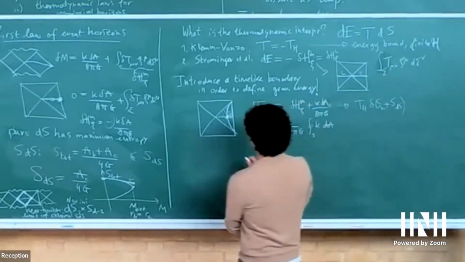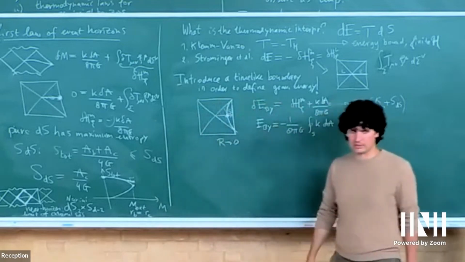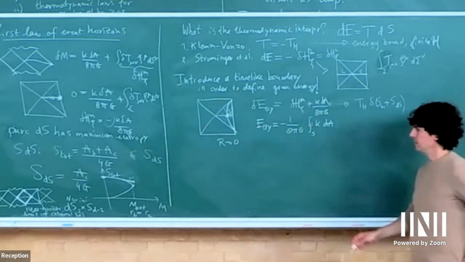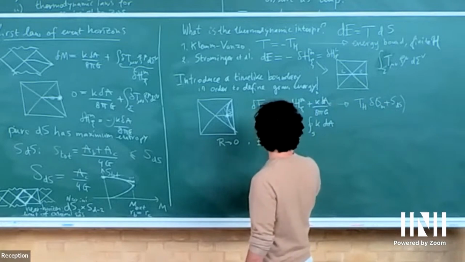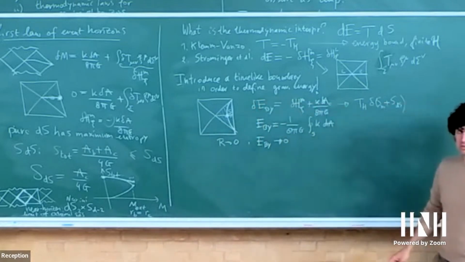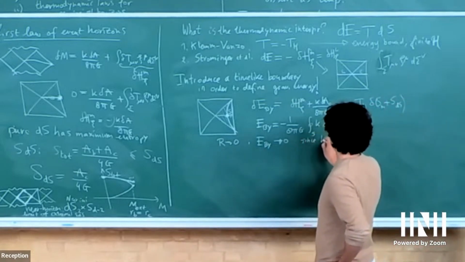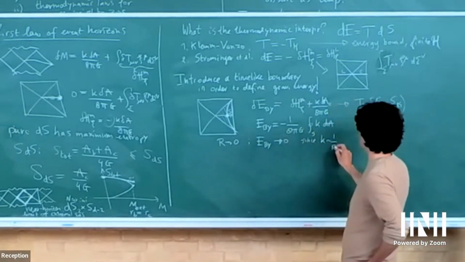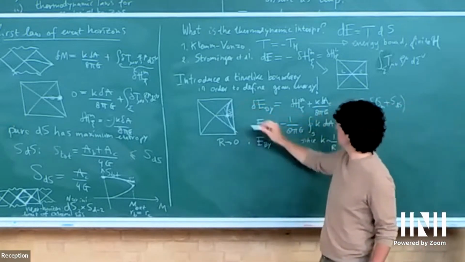But now we want to study the limit where the boundary actually vanishes. And in that case, this energy vanishes. The reason is that A goes as 1/r roughly in flat space. If you're very close, it looks like flat space.